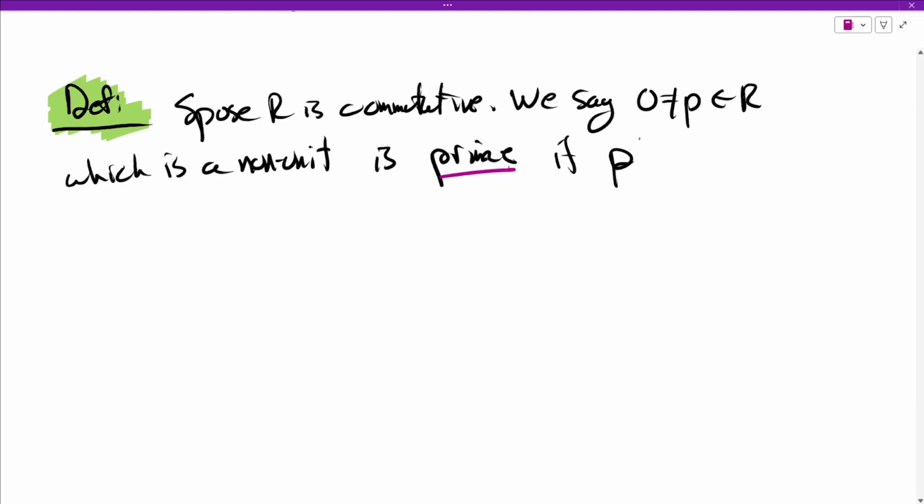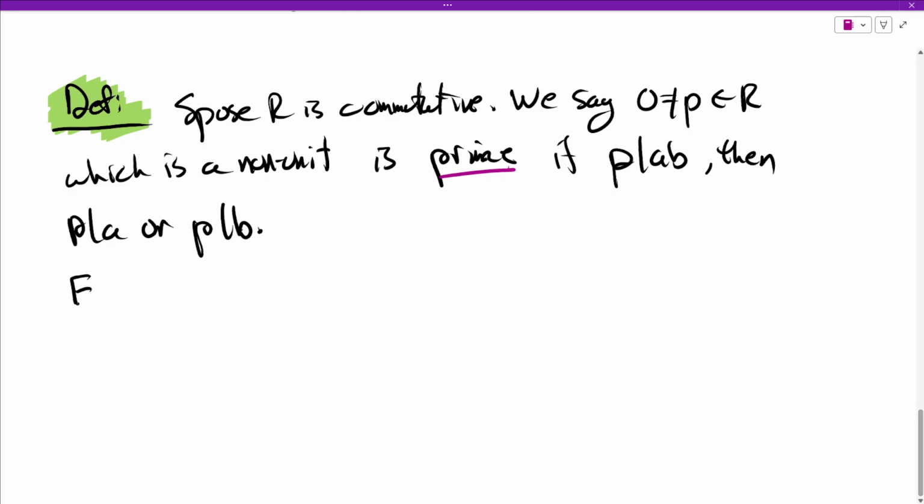Well, if p divides a product, then p divides one of the terms in the product. Great, so that's what it means to be prime. It's just the exact same definition as in Z. We just have to be a little bit more careful specifying a non-unit and then copying the rest over.